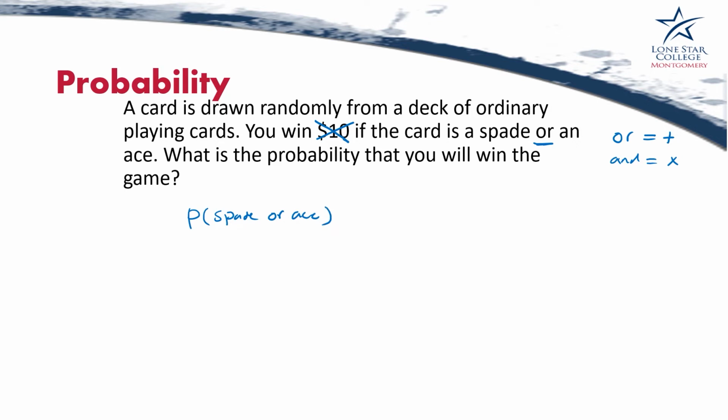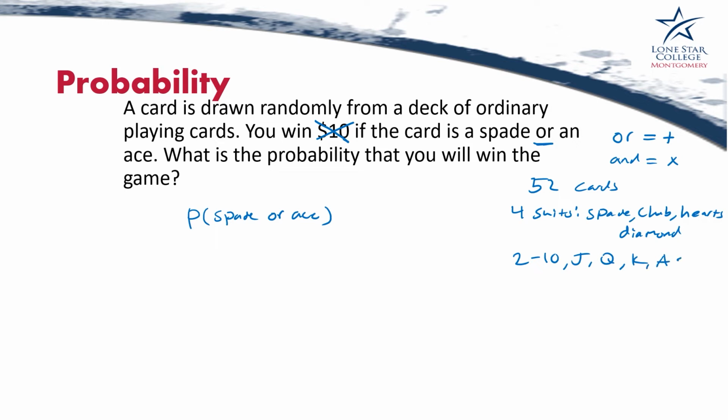From background information, a standard deck has 52 cards. There are 4 suits, which are spades, clubs, hearts, and diamonds. Each suit has the same types of cards: the number cards 2 through 10, Jack, Queen, King, and Ace.